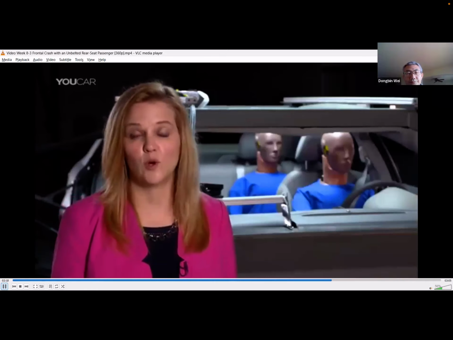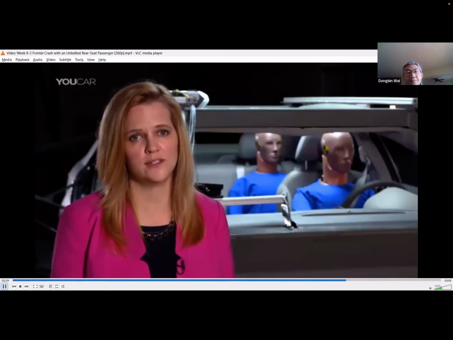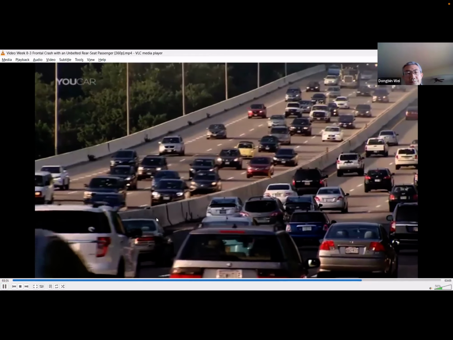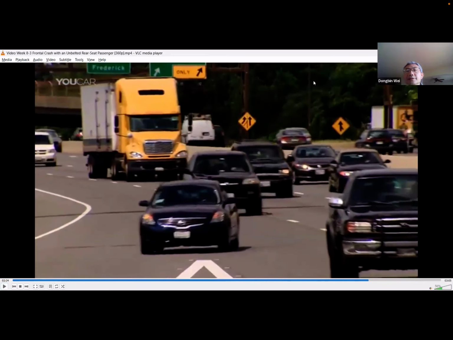All but one state requires adult front seat occupants to use safety belts, but rear seat passengers are covered by laws in only 29 states and DC. Only 20 have primary enforcement, which means a police officer can stop the motorist for the seatbelt violation alone. Stronger laws would help.